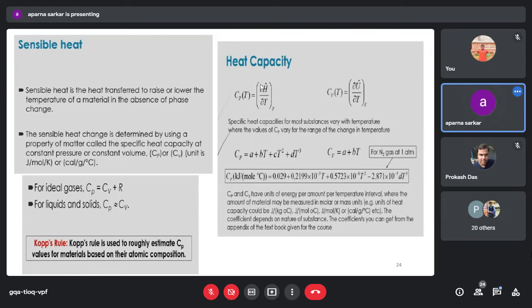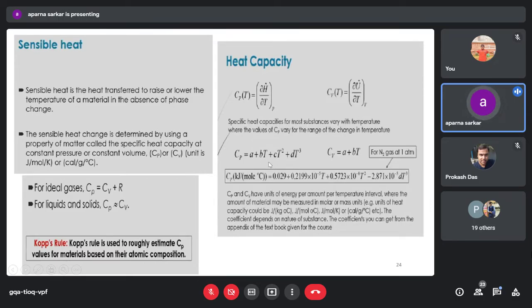So the Cp value varies with temperature, but for constant pressure we have the formula del H by del T. And for Cv, at constant volume and different temperature, we have del U by del T.